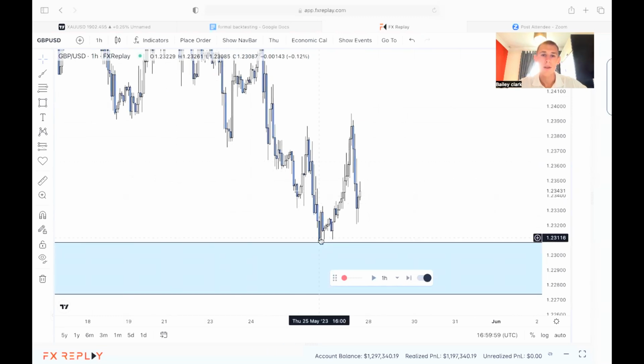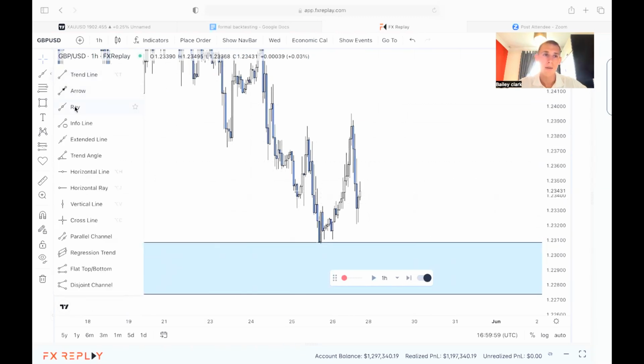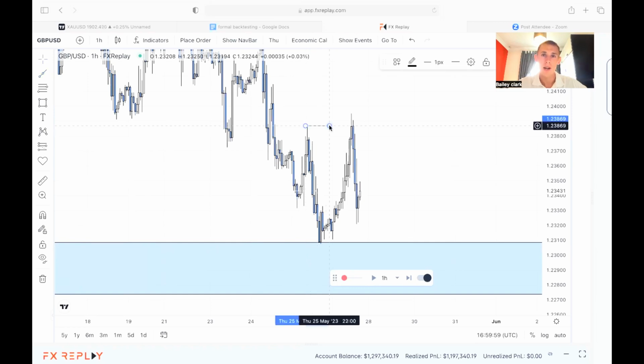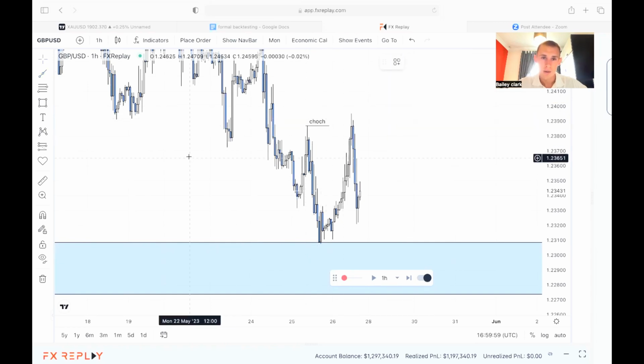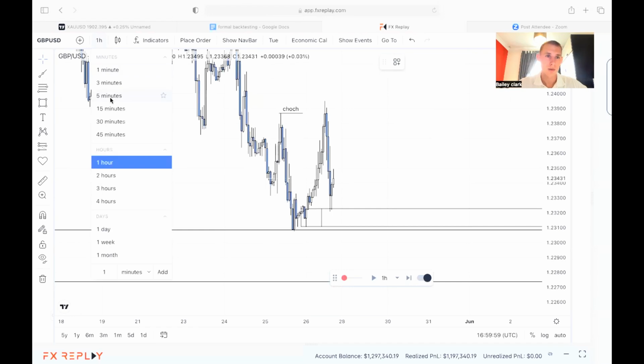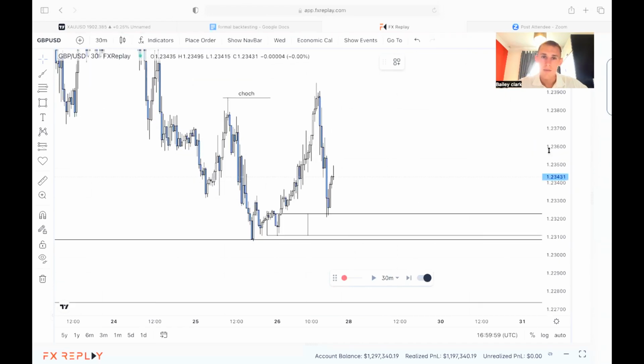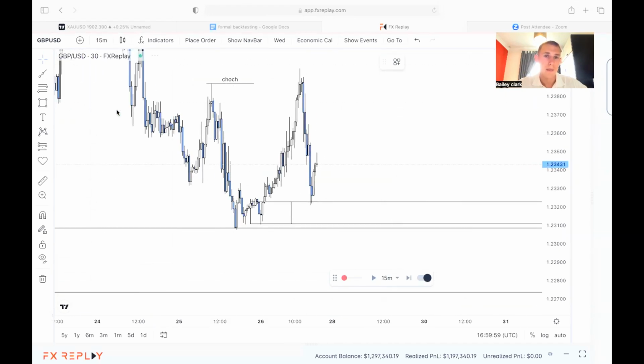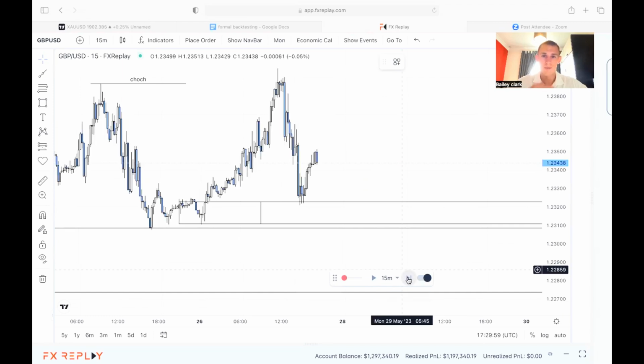Okay, so after the reaction from our area, we have the change of character. Price pulls back into a discounted area of demand. I think I played price a bit too fast there, though, because we missed it. Let's see if we get a fractal confirmation.